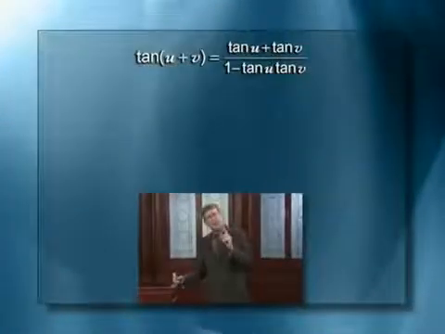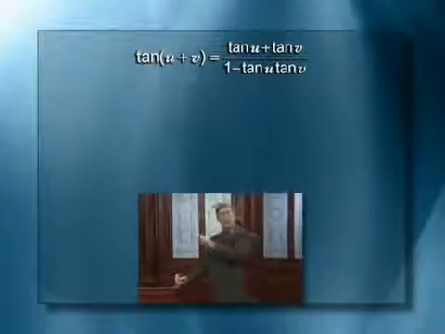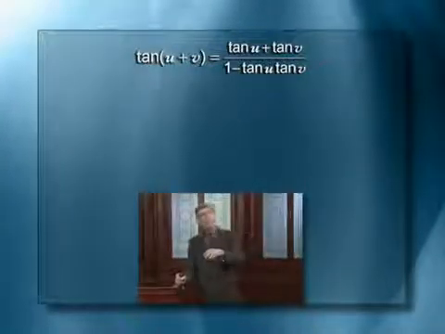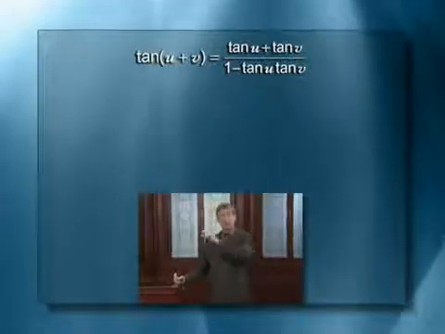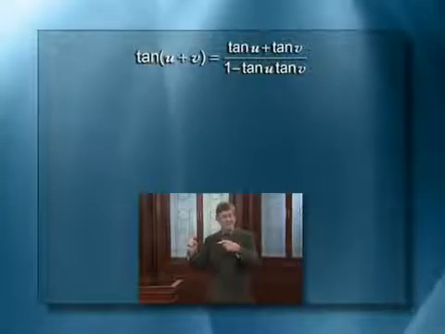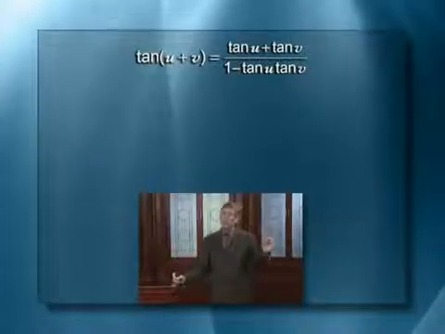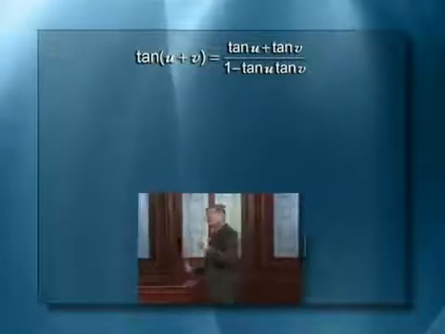Here they are. Tangent of u plus v, tangent of a sum, equals, it's a quotient. In the numerator is tangent u plus tangent v, and in the denominator it's 1 minus, ouch, minus tangent u times tangent v. Don't blame me that it's complicated.